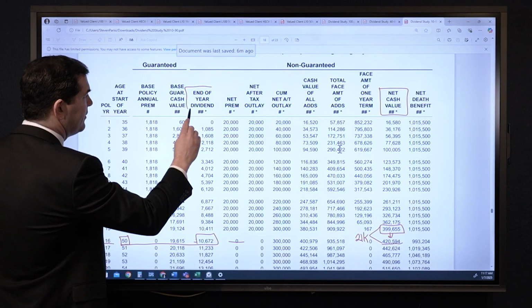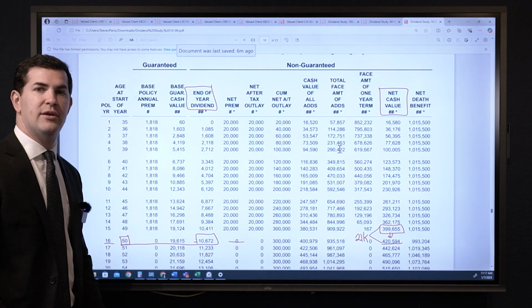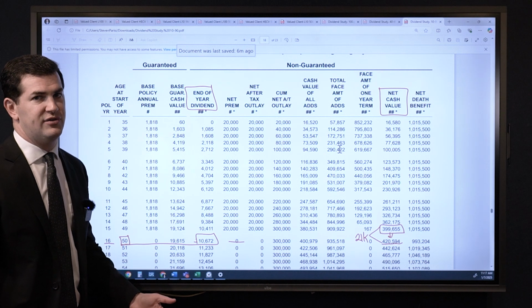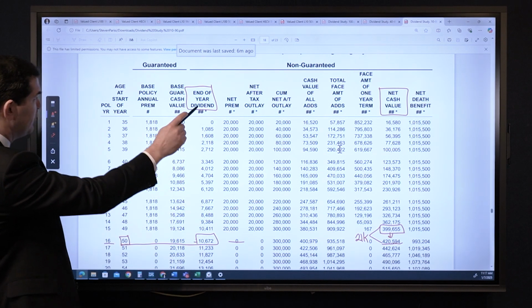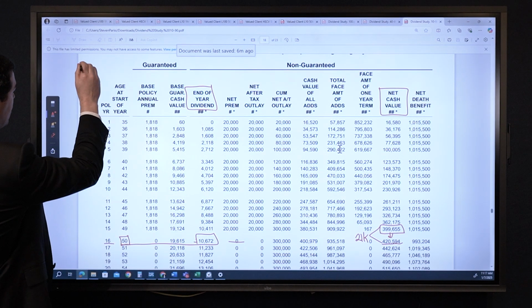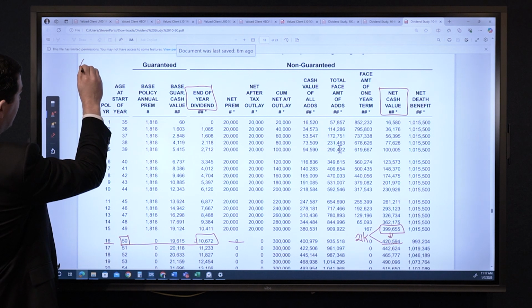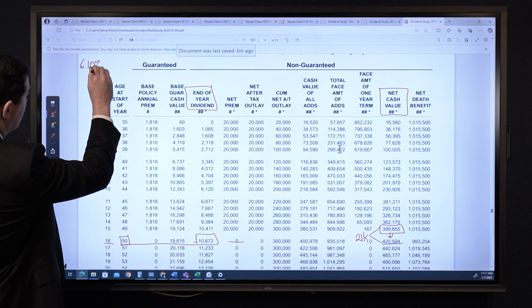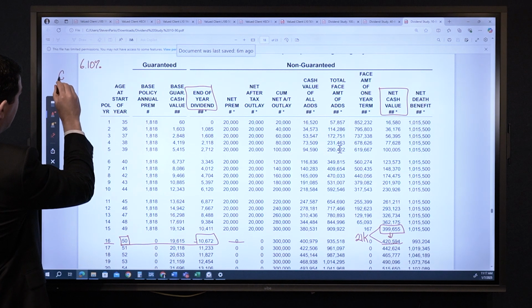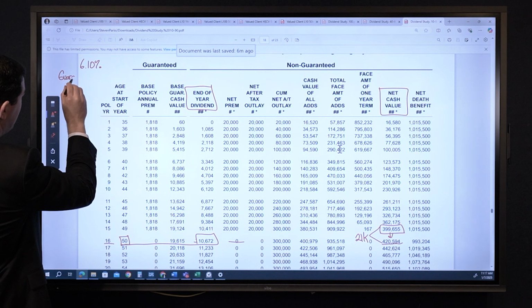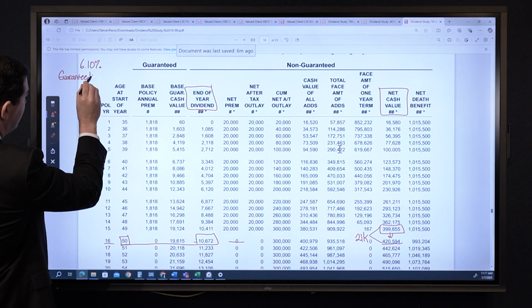The dividend column does not represent the total growth in your policy. And the reason why, if we look at this specific example, this is Guardian. Their total dividend rate is 6.10%. The guaranteed rate with this particular product is 3%.